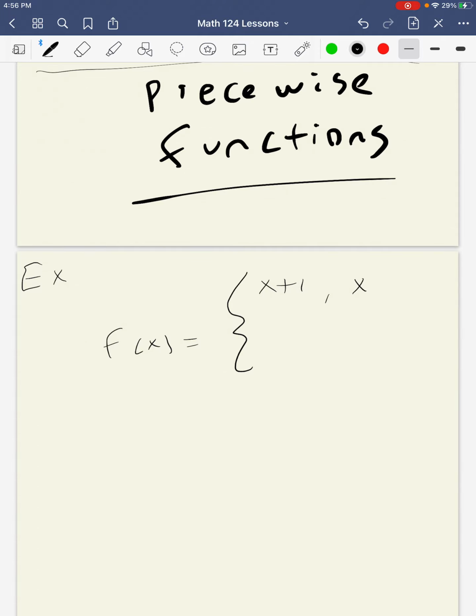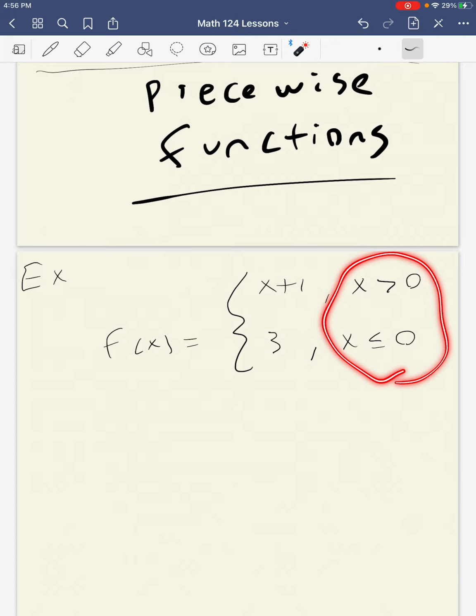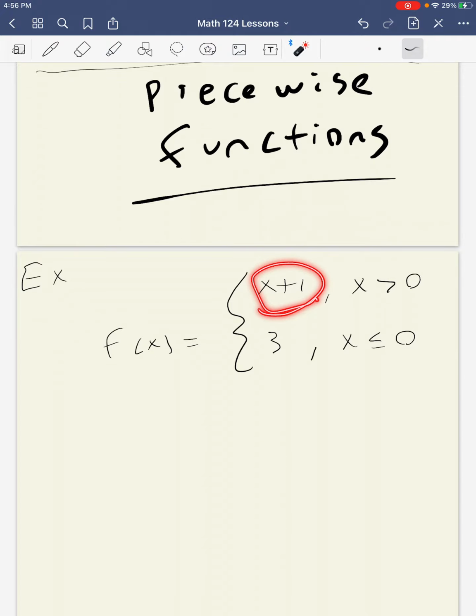So let's say we have a function x plus 1, but that's only when x is bigger than 0. And then we consider the function 3 when x is less than or equal to 0. So we call this a piecewise function because we break the x-axis into pieces. So on this piece of the x-axis, we consider this corresponding function. On this piece of the x-axis, we consider this function.